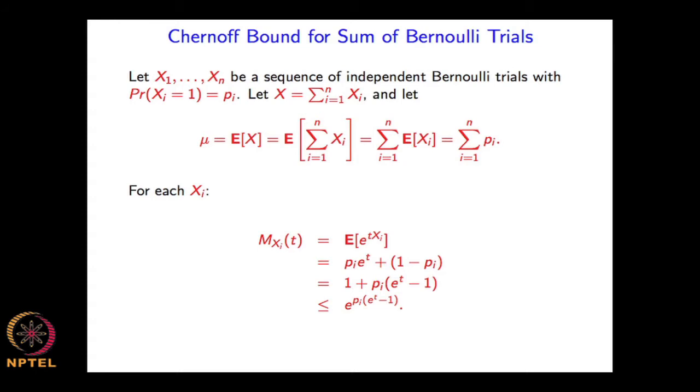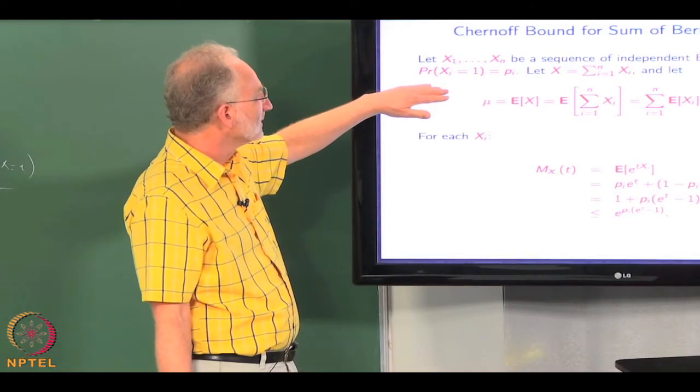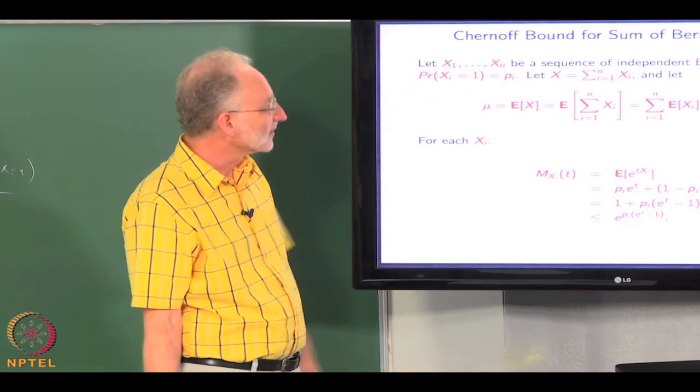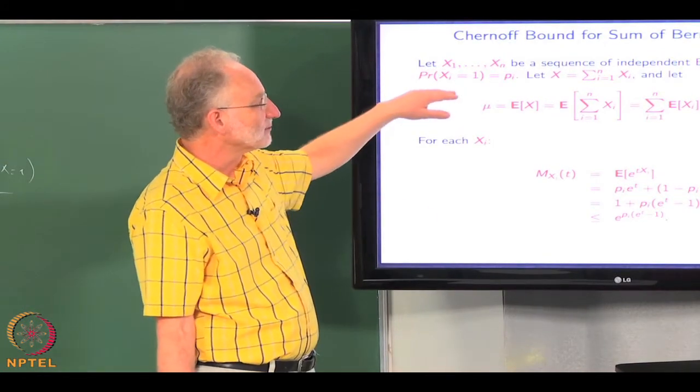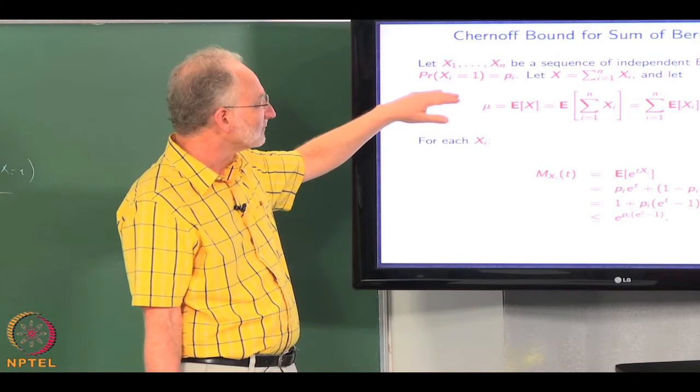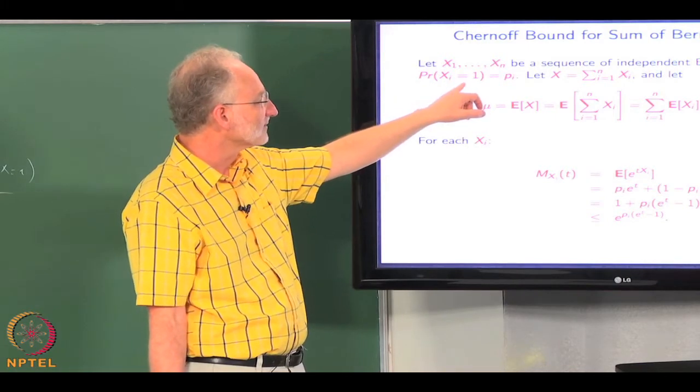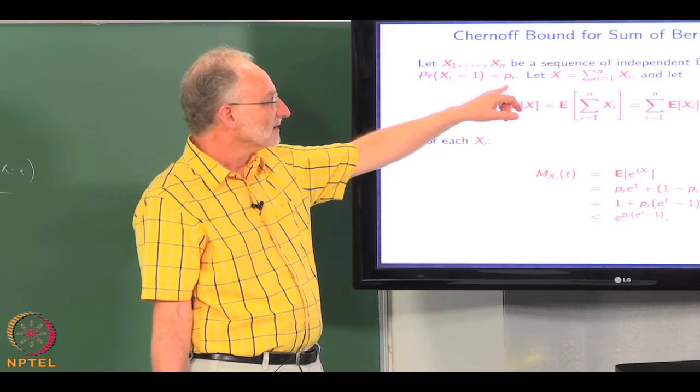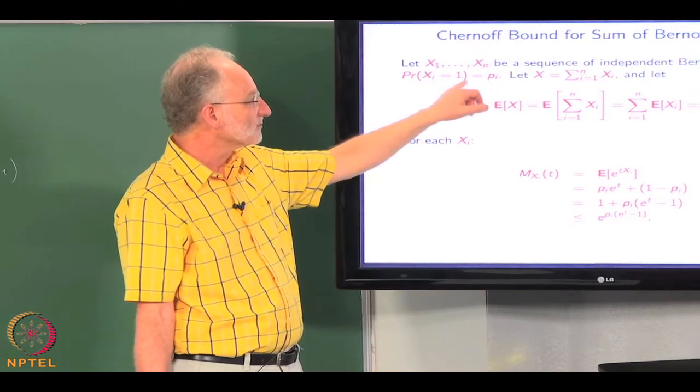So here is the proof of the first basic Chernoff bound. Let X1 to Xn be a sequence of independent Bernoulli trial random variables, where the probability that Xi is 1 is pi.